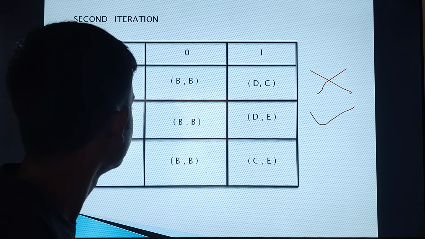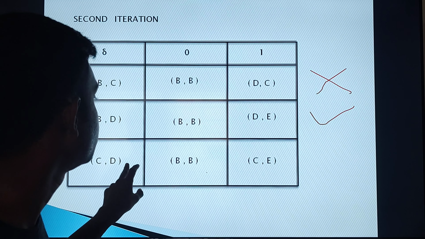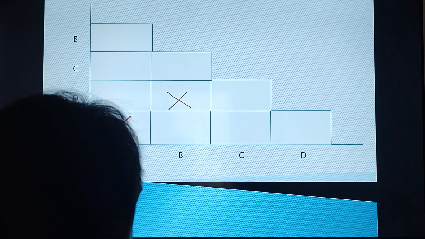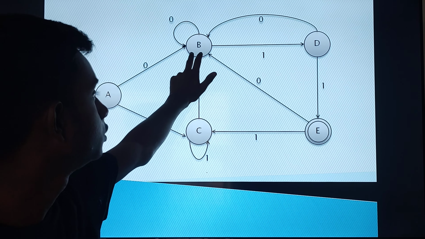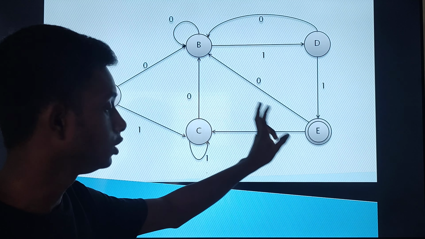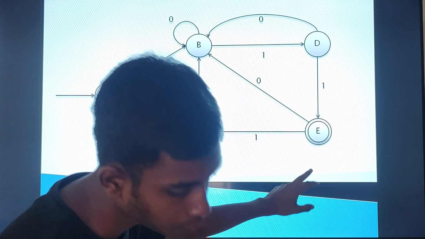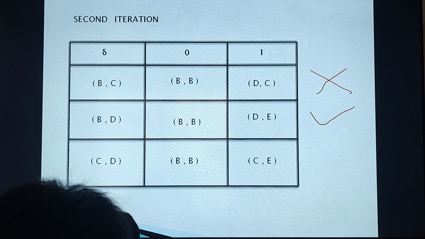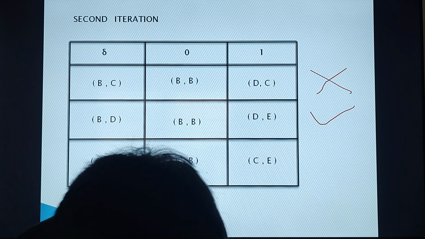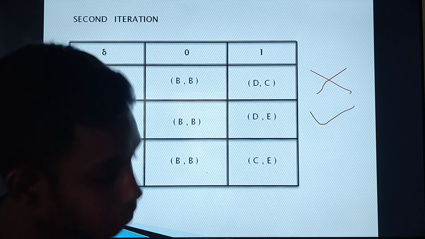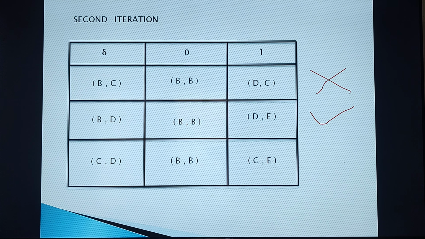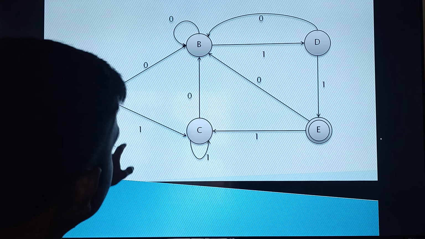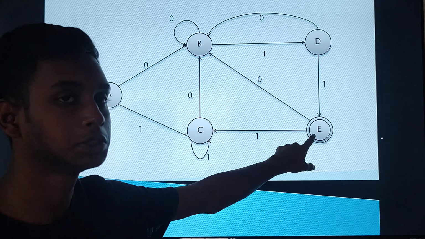Next is C comma D. C comma D is going to B comma B and C comma E. B comma B both are non-final, and for C comma E, one is non-final and the other is a final state.